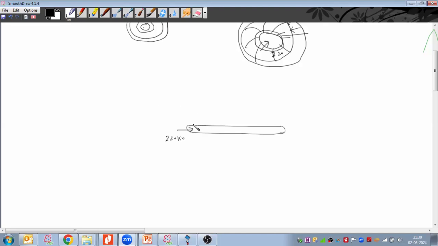This will produce an electromagnetic field around the conductor, right? The applied voltage is sinusoidal, meaning a sinusoidal EMF will be produced, which will induce a sinusoidal magnetic field.